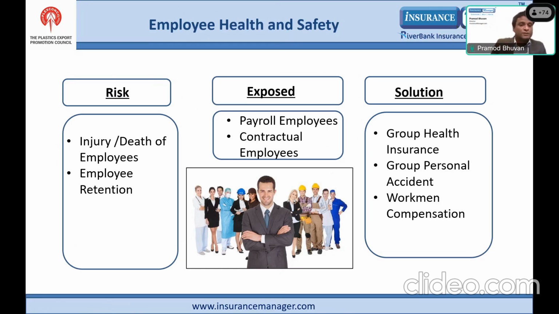They are exposed to any disease or injury, especially the senior managers and administrative staff, as there are lifestyle diseases these days. The people on the shop floor are machinists and laborers, and they are exposed to handling hazards also. The solutions available in the industry now are the health insurance policy, the accident insurance, and workmen's compensation.